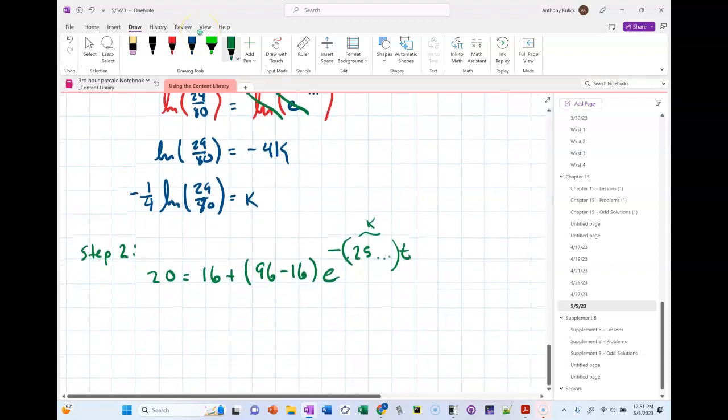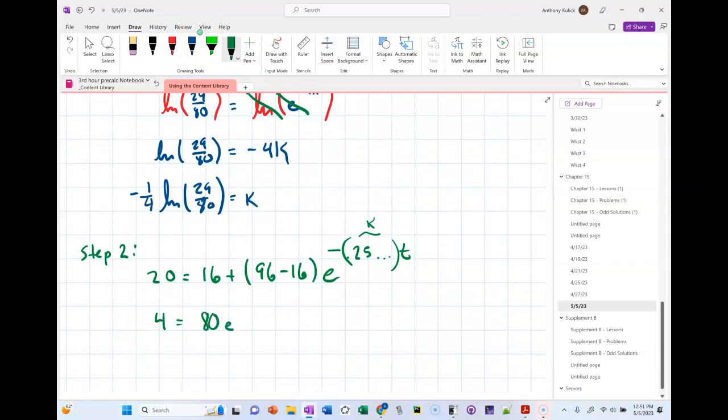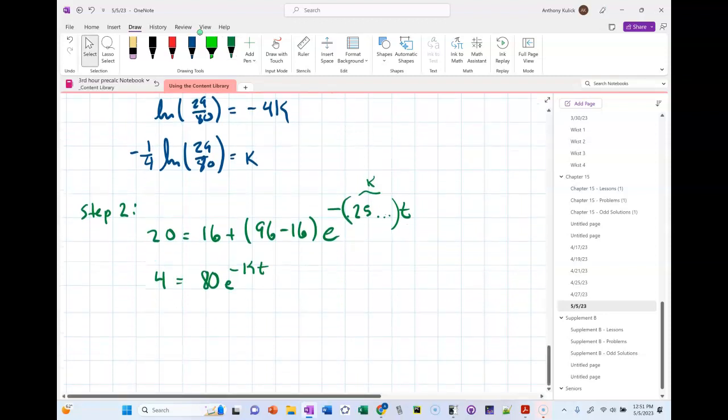So just like before, we'll subtract 16 from both sides, and do the 96 minus 16. And I'm just going to write kt. We're going to remember that we solved for k already. We know what that is. But I'm just going to write it as k because it's too many decimals, guys. Yuck. Divide both sides by 80.